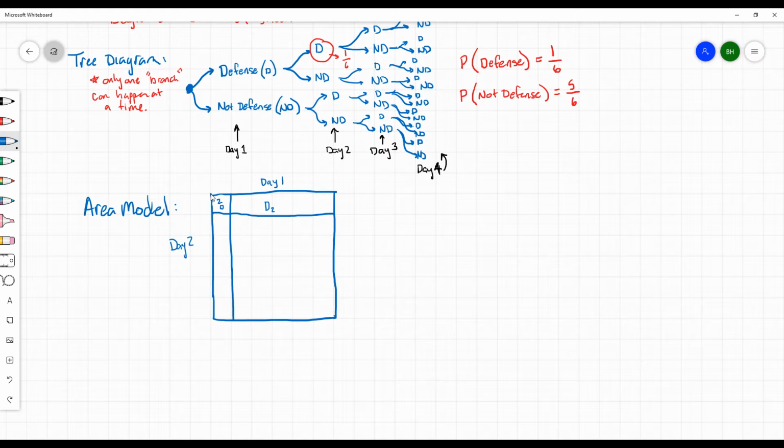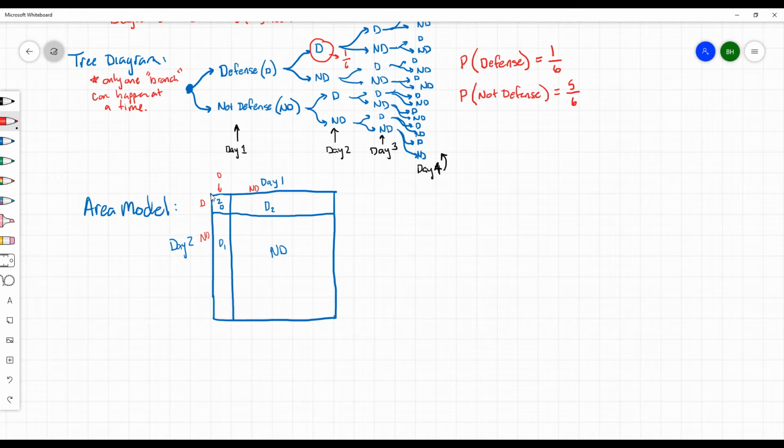So I'm going to put D2, or she could be the defense just for day 1. Or ultimately, there's just no defense on both days, which has a bigger chance of happening. So this column here would represent the defense for day 1, and this big old column over here would represent not defense. Over here you get defense for day 2, and over here you'd get not defense.